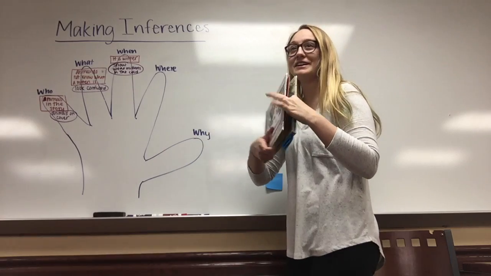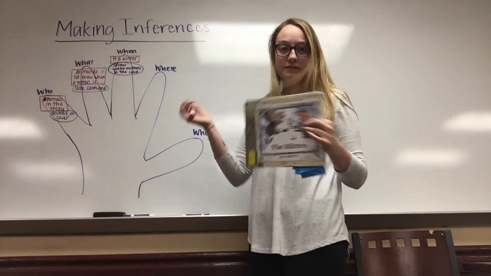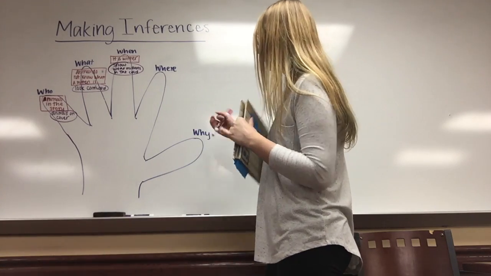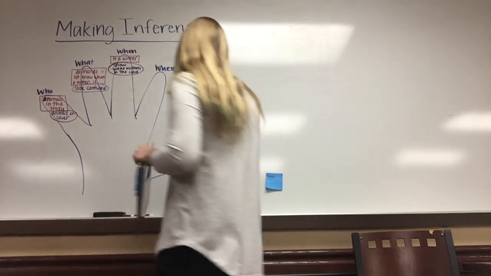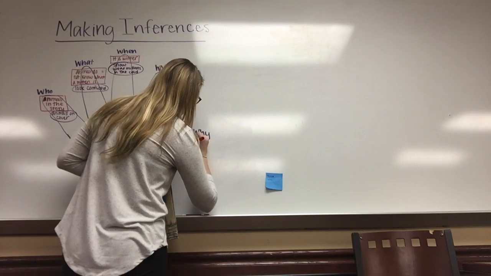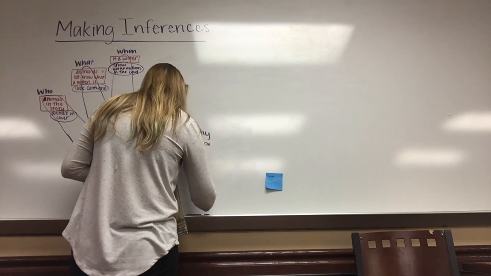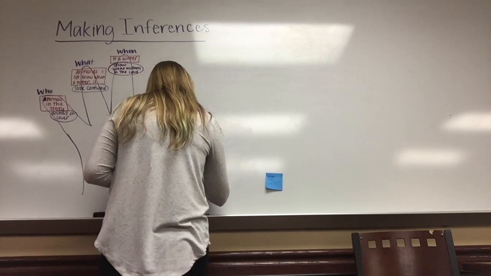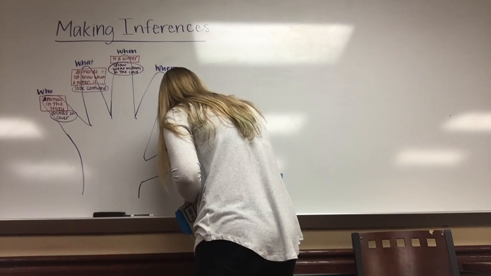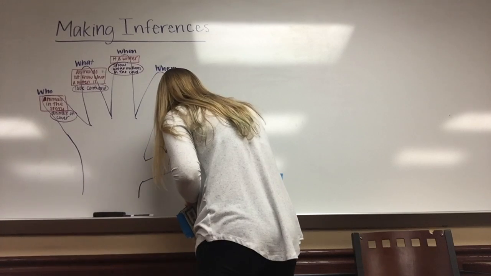Now I'm going to infer that Baba made the mittens for Nicky because she loves him, because he's her grandson. So for the why, we are going to say that Baba made the mittens because she loves Nicky.